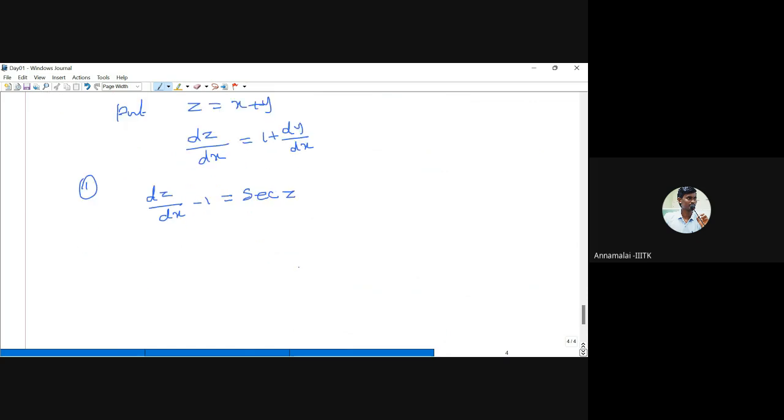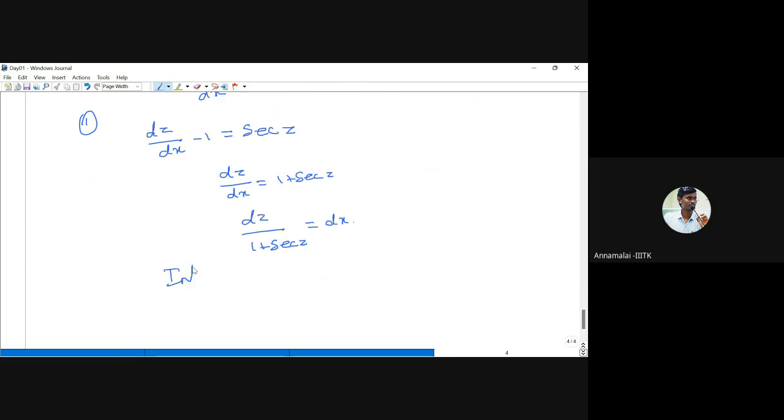Now similarly, we can take the 1 to that side, and then we get dz by dx equal to 1 plus secant z. Now we get dz by (1 plus secant z) equal to dx. Now we can integrate, and then we'll get the answer.